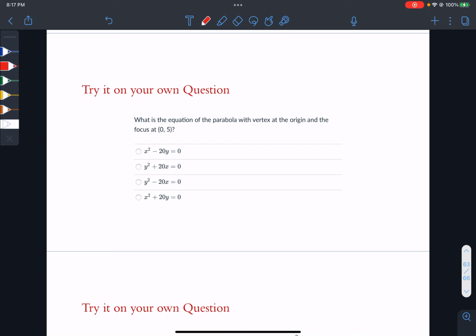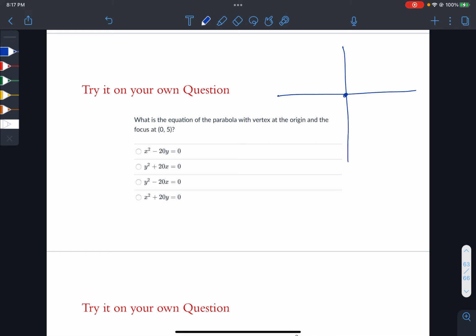Okay. Let's answer. So what's the equation of the parabola with vertex at the origin and focus at 0, 5? Okay. Let's try to solve. Vertex is at the origin, no? And then the focus is at 0, 5. Kaya hindi niya sinabi saan siya naka-open, pero sabi niya, ang focus niya daw is at 0, 5.